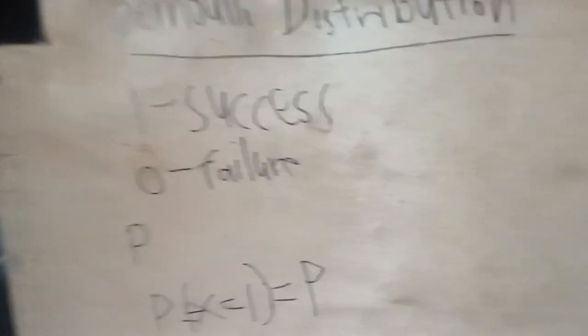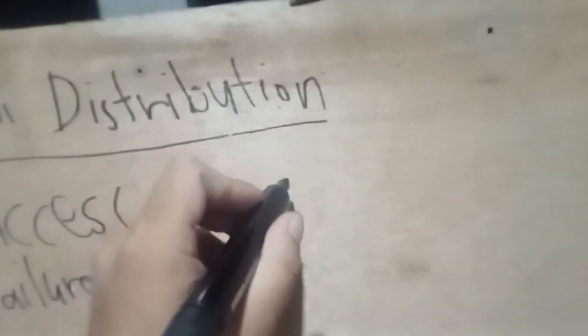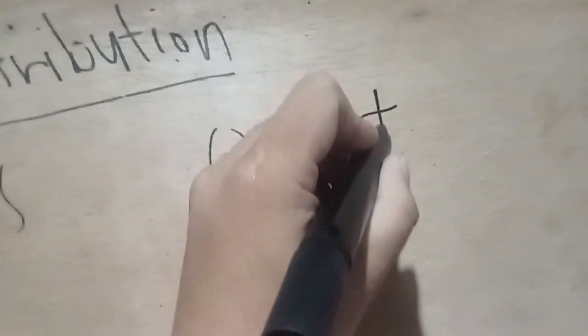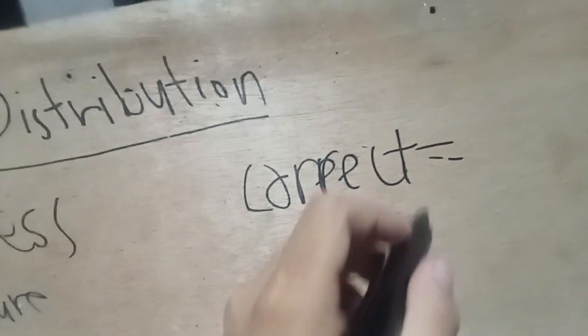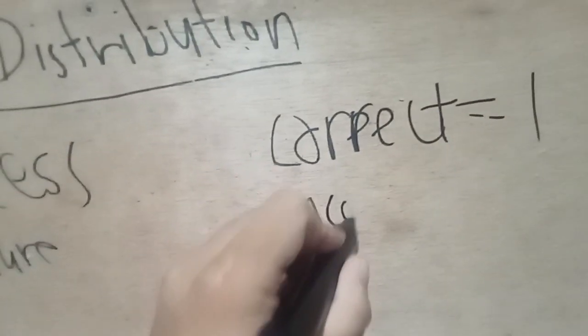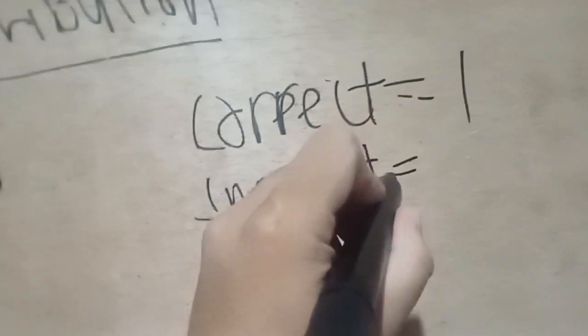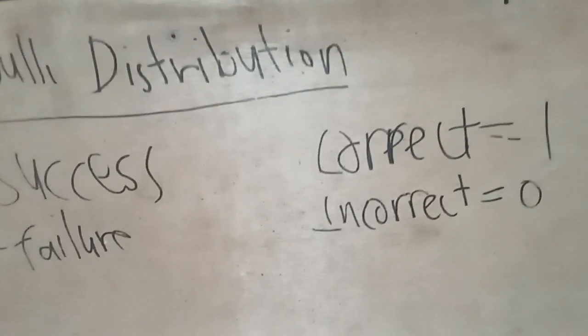So we let correct equal 1 and incorrect equal 0.